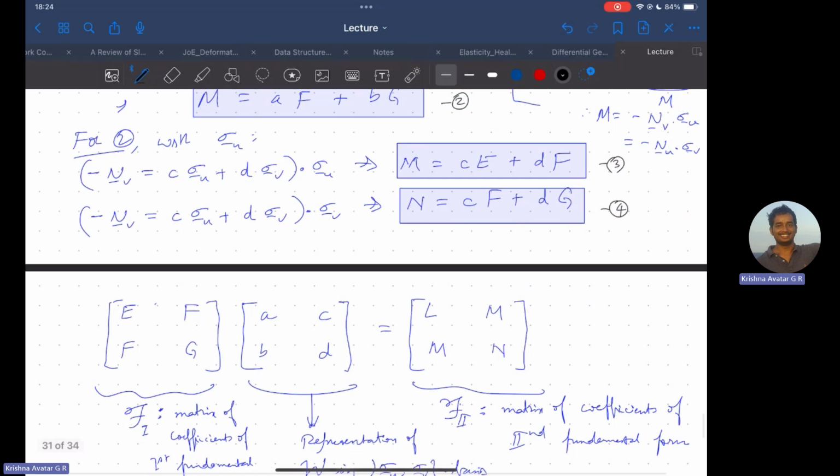So we construct a matrix equation using equations 1, 2, 3, and 4. And that's what we get.